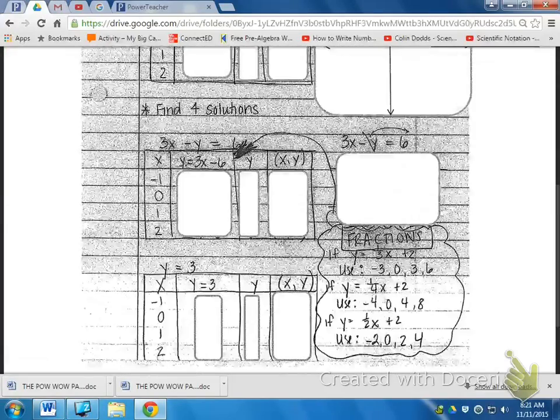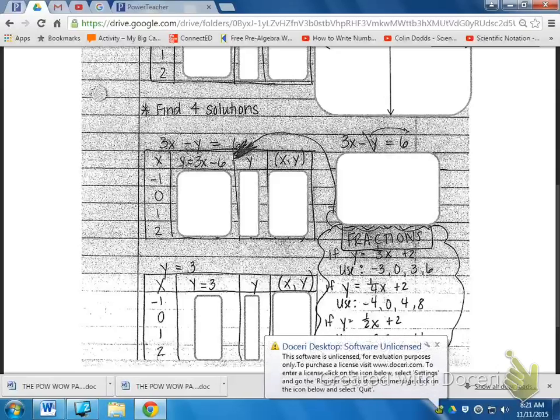The equation is this: 3x minus y equals 6. Now that's a problem, because in this second column you need y equals to do this. So over here on the right, I'm going to show you how you're going to make this y equals. So I have 3x minus y equals 6.